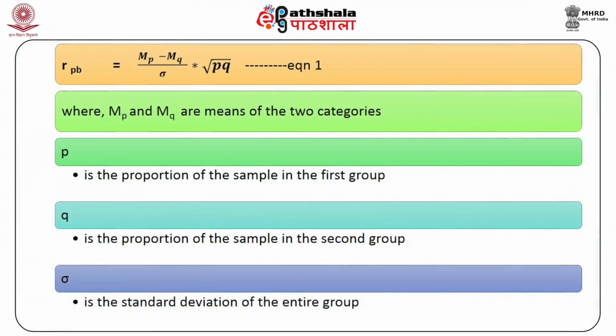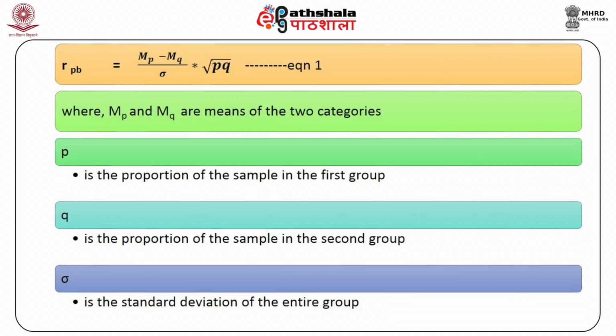Calculation formula for point-biserial correlation coefficient. Equation 1 gives the formula that we use for the calculation of point-biserial correlation. r-pb is equal to mean of P, that is Mp, minus mean of Q, that is Mq, divided by the standard deviation into the square root of pq.